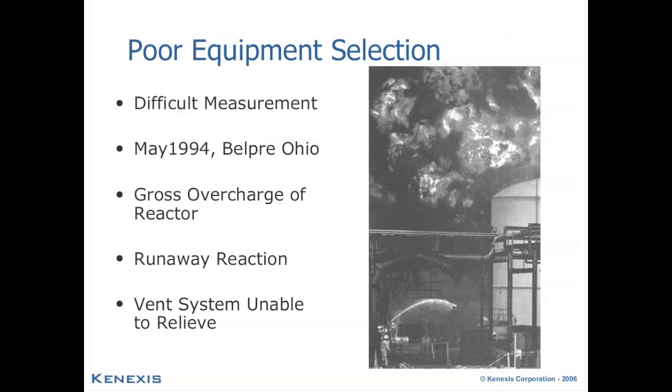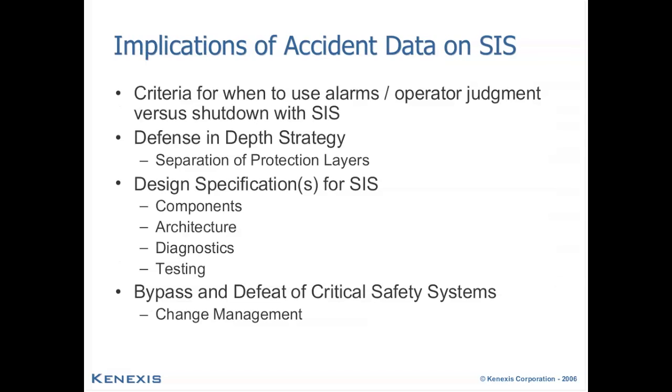The reaction was allowed to continue. It initiated a violent exothermic runaway well beyond the capability of the vent system, and in part because of the poor selection of equipment within the safety instrumented system and the poor basis of the overall design, several life-threatening injuries occurred in that particular incident.